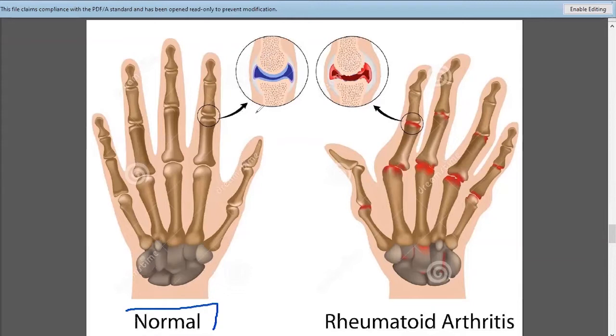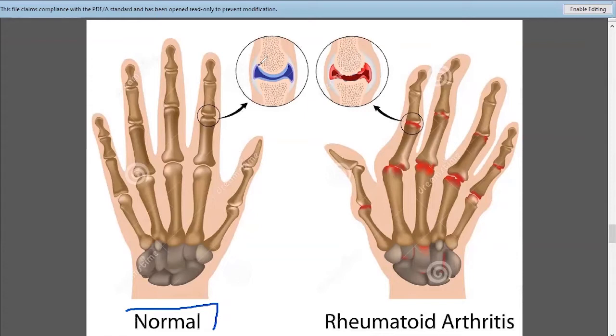When we talk about the joints, we have two different kinds of joints. One kind of joint is directly connected. One kind of joint is indirectly connected. The joints on the hands and the limbs are indirectly connected joints. So basically like this.